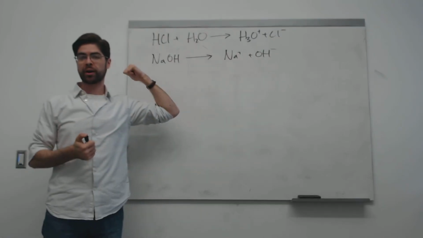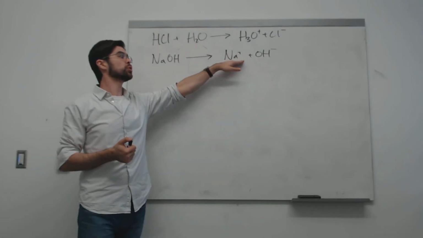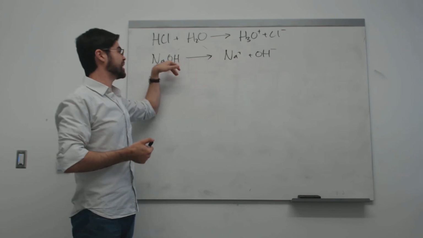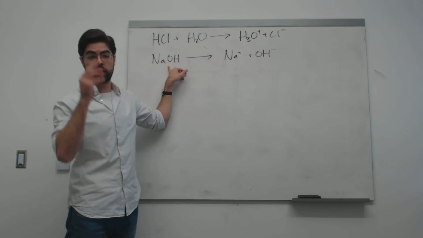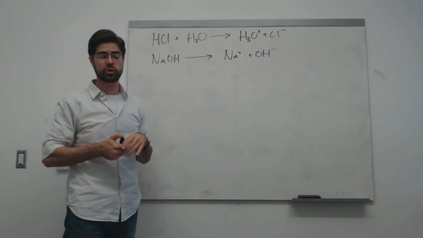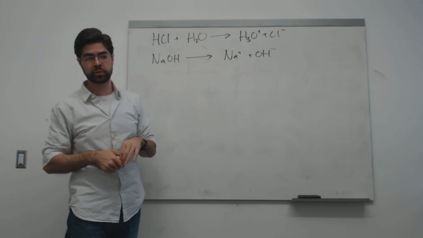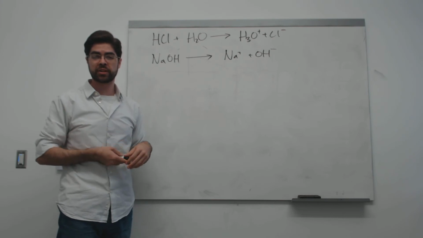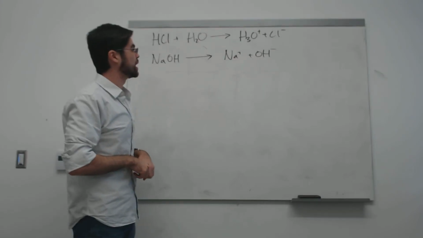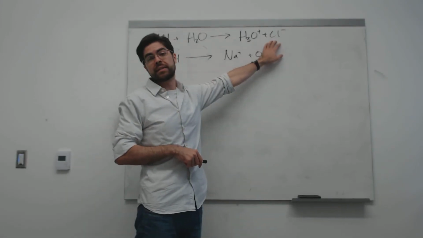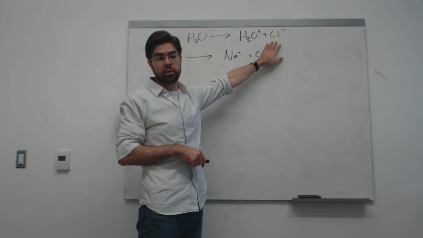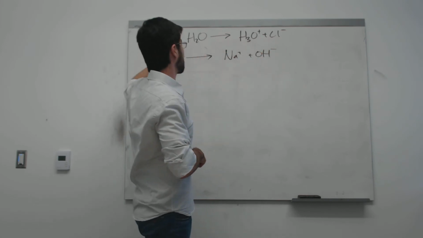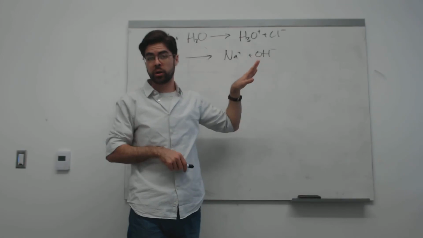They do not go backwards, meaning that sodium has no desire to gain hydroxides and go back to sodium hydroxide. It has no desire to gain protons or lose protons. I mean, it doesn't have any protons to donate, but it has no desire to gain or lose hydrogens. Chloride, similarly, does not tend to gain protons back. This backwards reaction essentially does not occur.